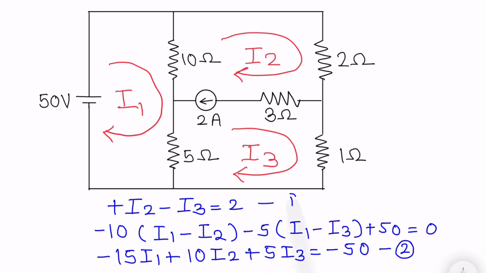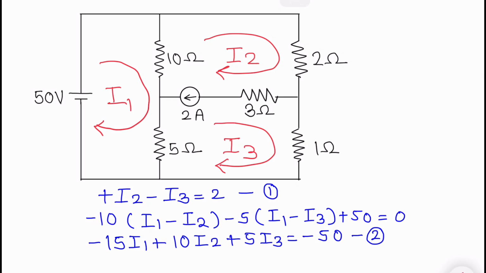And now we have to write down the third equation. You cannot write down the equation for loop number 2 and 3, so let us write down the equation for the outer loop now. Starting at this particular point, first component: minus 2 into I2, minus 1 into I3, plus 50 equals to 0.